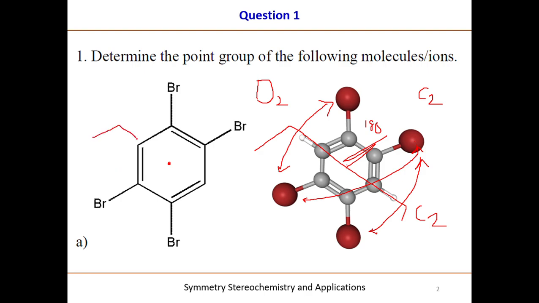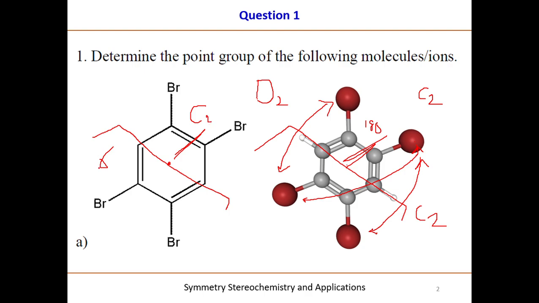When we pass a plane from here, we get mirror images of each other on both sides. When we pass a sigma plane, that means we have here, sorry, not C2x, a sigma h plane, because we have considered this axis as the C2 axis, the principal axis.